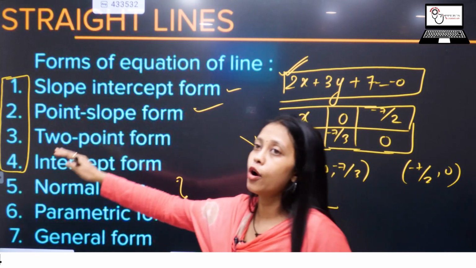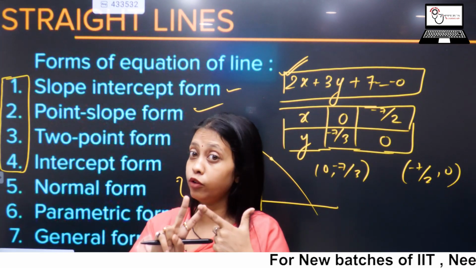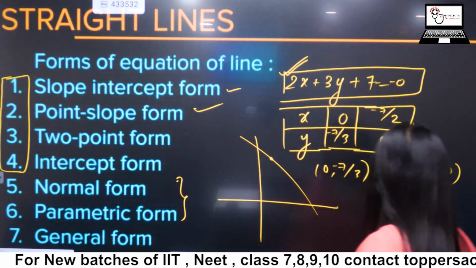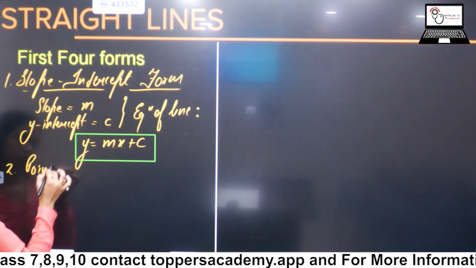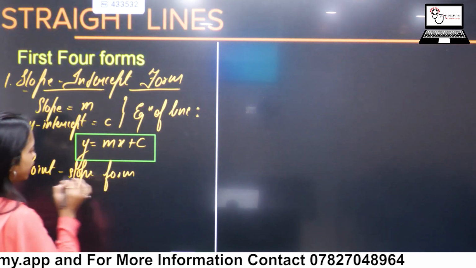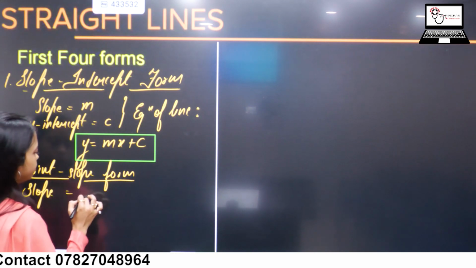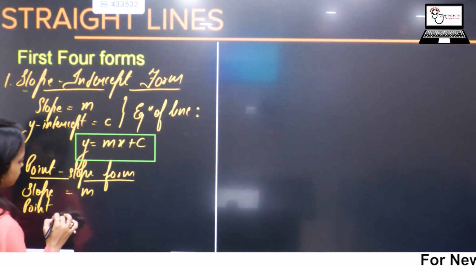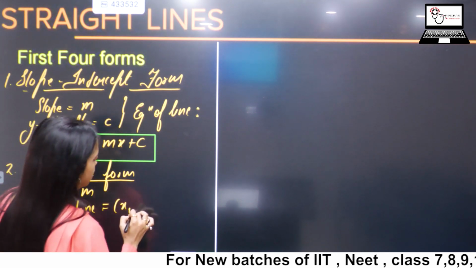Next is point-slope form. That means a point on the line is given. Again, two pieces of information: a point on the line and the slope. So in point-slope form, first is slope, next is a point on the line, let it be x1 comma y1.